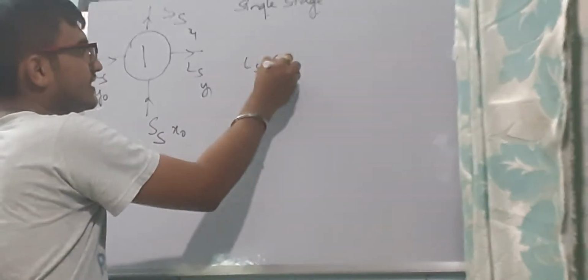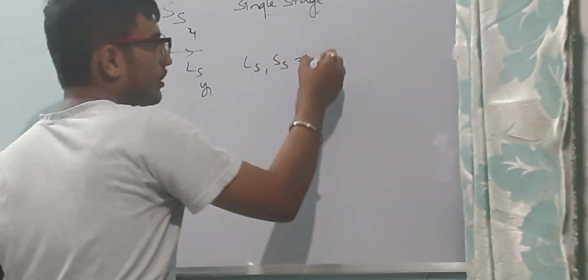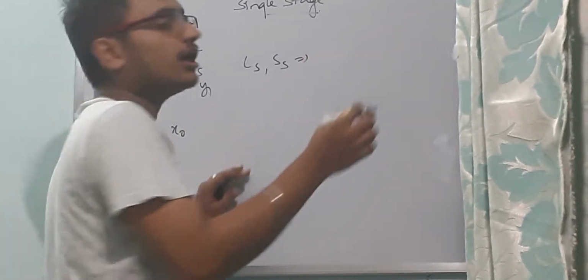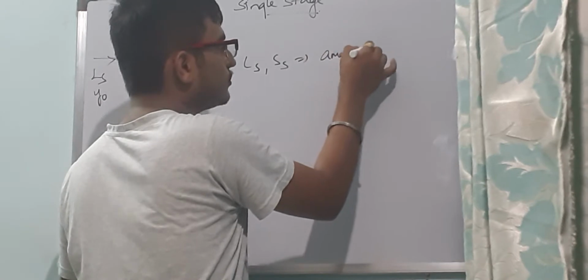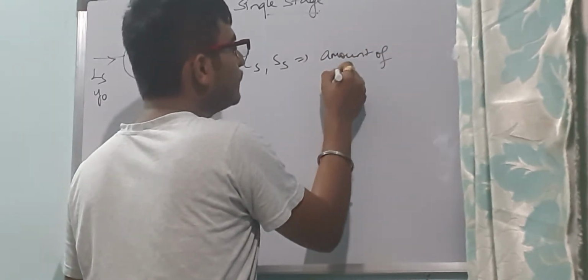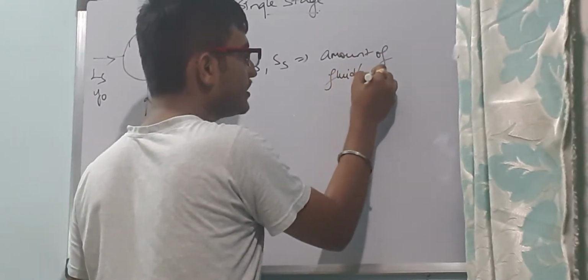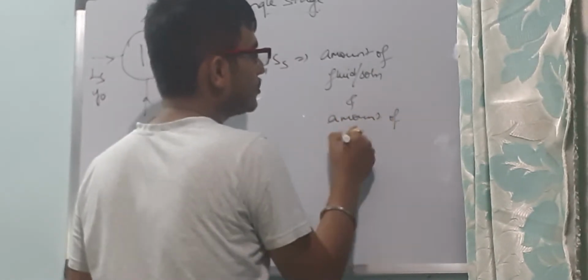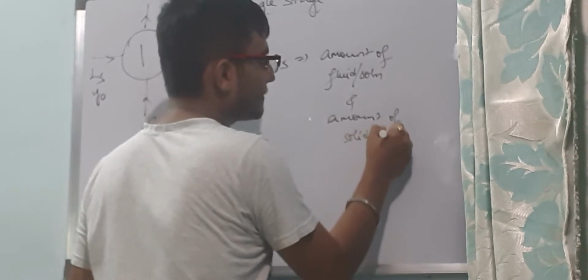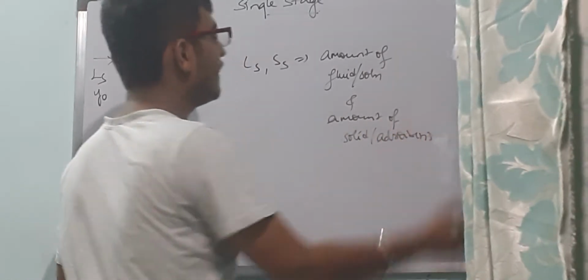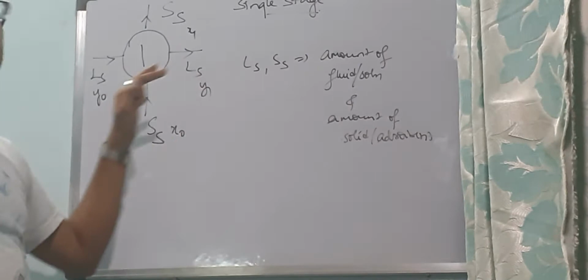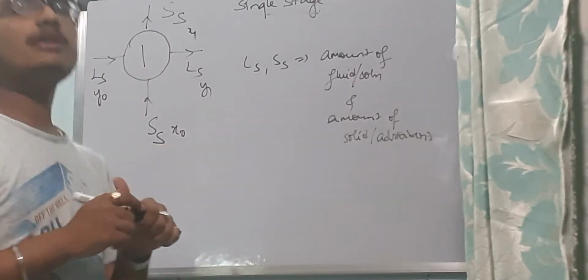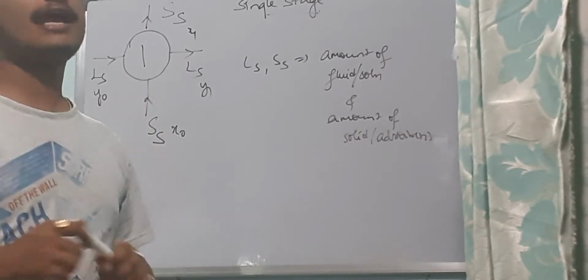LS and SS are the weight or amount of fluid or amount of solution, you can say, and amount of solid or adsorbent respectively. LS and GS are the amount of fluid or amount of solution that is entering. SS is nothing but the amount of adsorbent, or you can say amount of solid that is in contact.